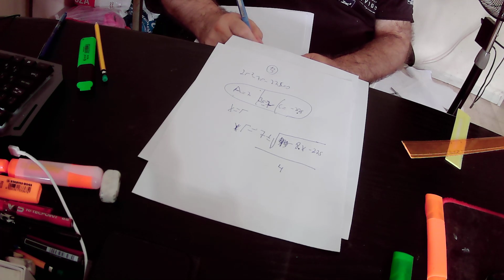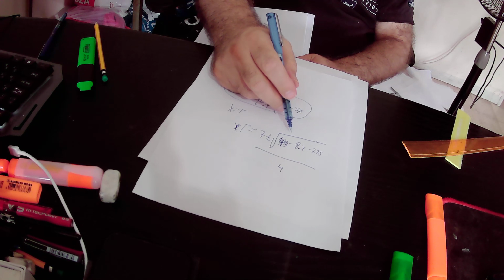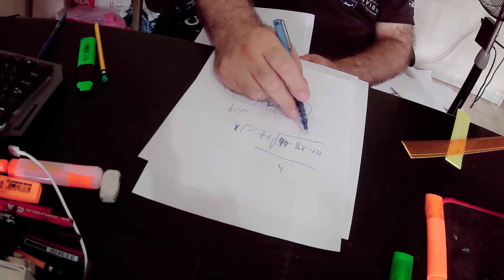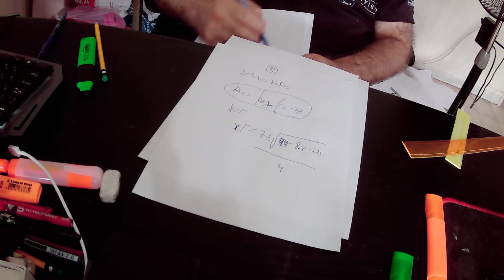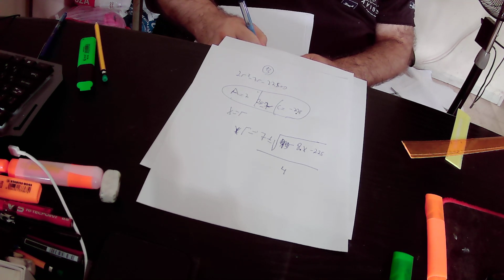Here we found that 49 minus 8 times minus 225 is 49 plus 1800, over 2a. a is 2, so 2 times 2 is 4.